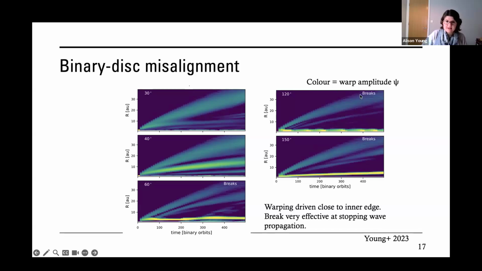So it becomes very weak very quickly. But we can get some warping due to the warp traveling outwards. So really the disk is shaped by the torque that's applied right in the innermost regions and then propagating outwards. So we can get breaking much further out than we'd assume from basic analytical predictions.